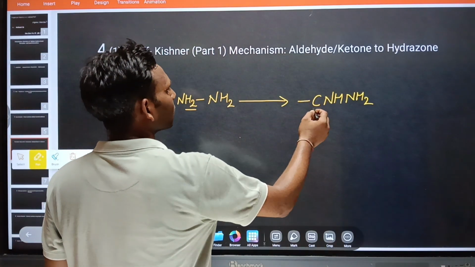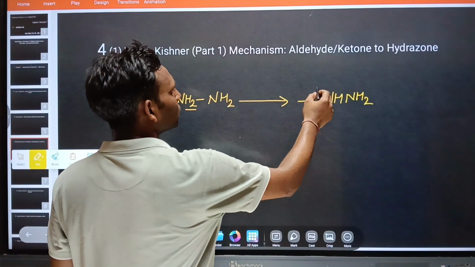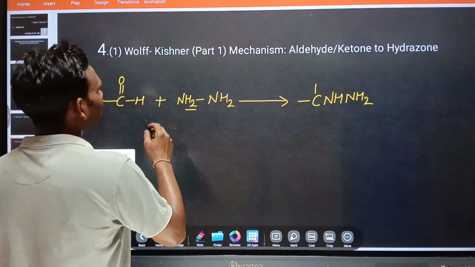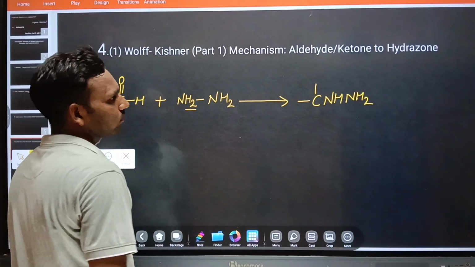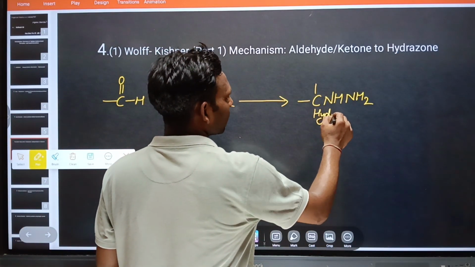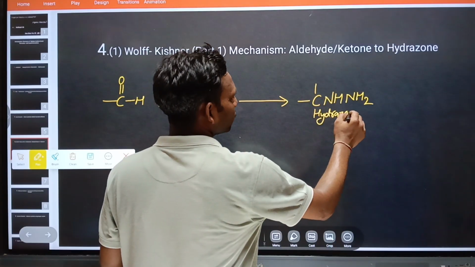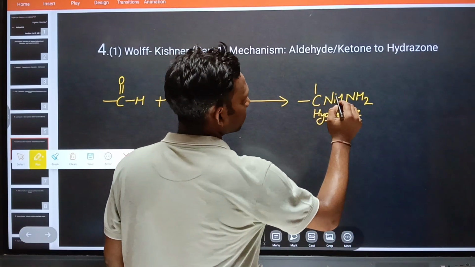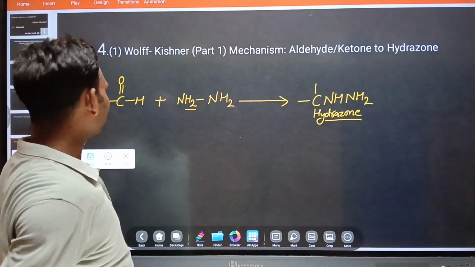Here the second group is the 1, 2, 3 alkyl groups. H2O water molecules are removed, then the hydrazone forms. That's the compound name, hydrazone.